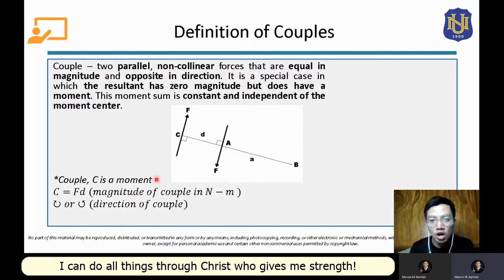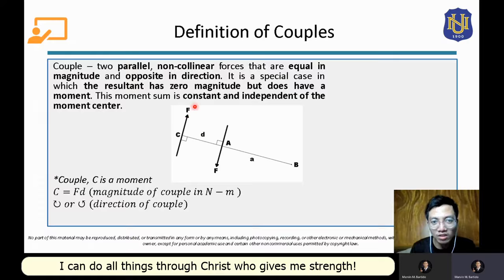Now, the direction of this couple can be determined by the direction of its rotation. In this case, let's say this force is directed this way and this force is directed this way. It will rotate in this direction, right?